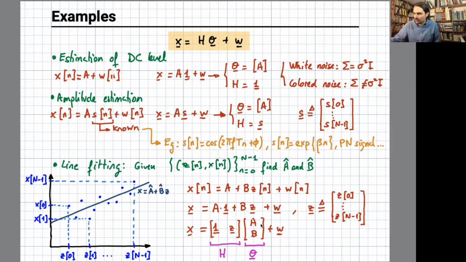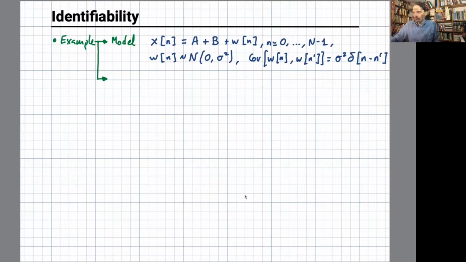Note that now theta contains two entries because we want to estimate these two parameters.